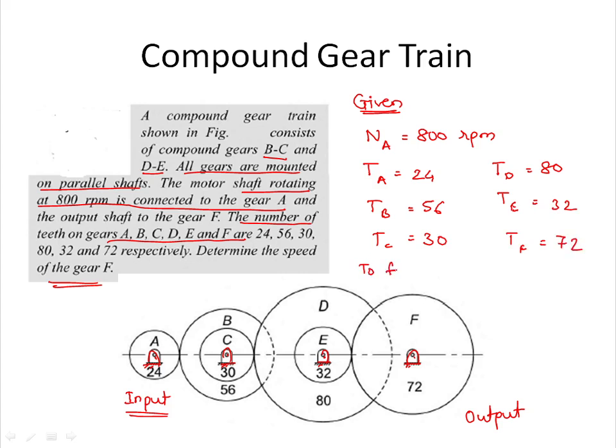Now what is to be found in this numerical? Determine the speed of the gear F. That means NF, we need the value of NF.